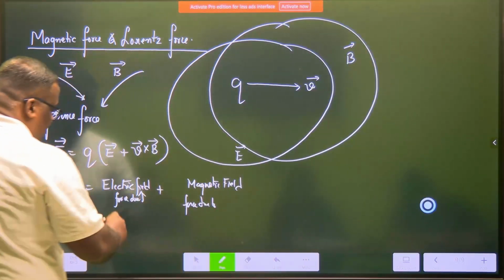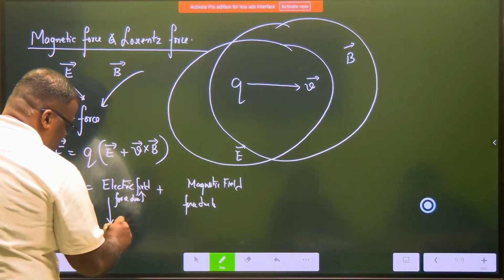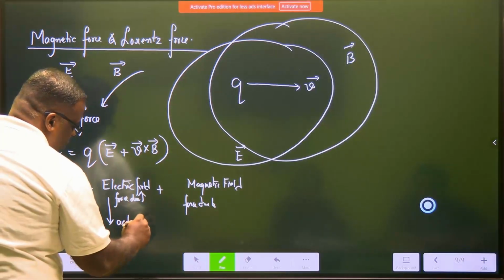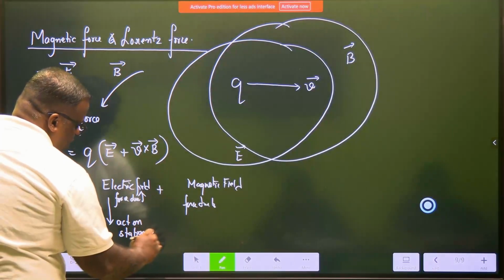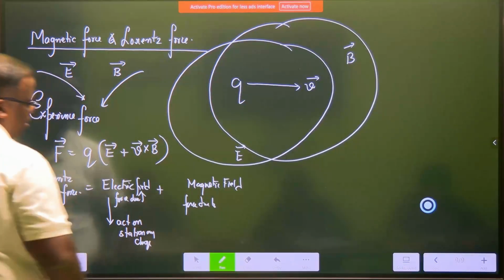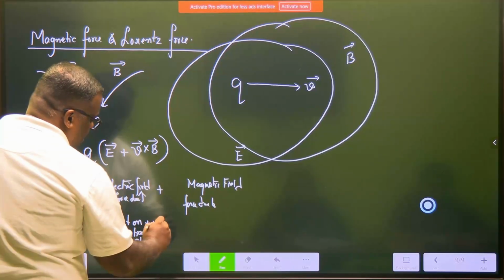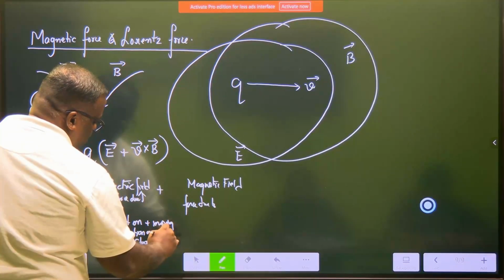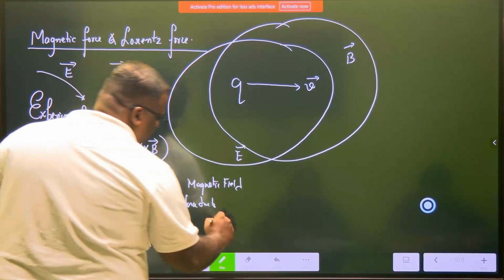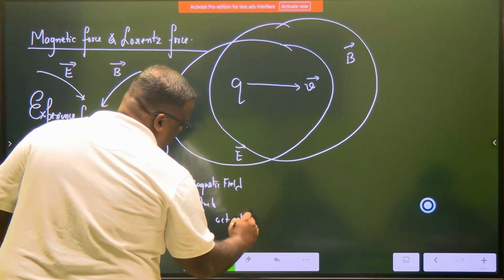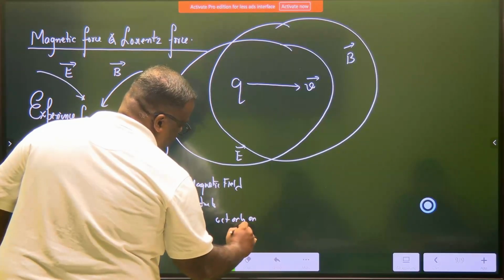And you have already studied that this force will only act on a stationary charge plus a moving charge. The magnetic force will act only on a moving charge.